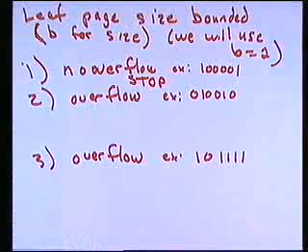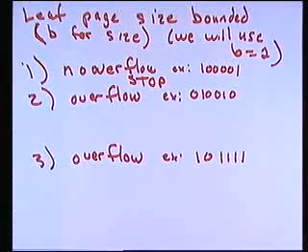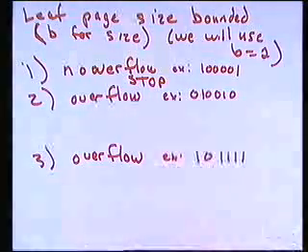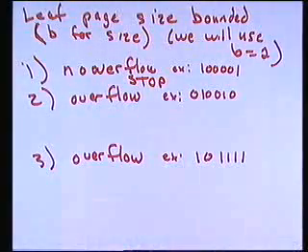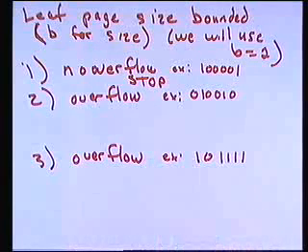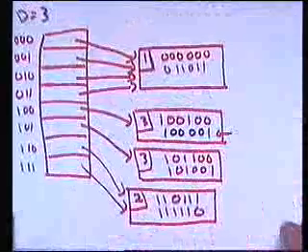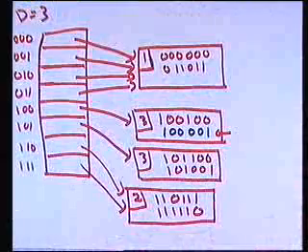The second case is when we overflow and the node will be too big. So here we're going to say I'm inserting 010010. So I would have hashed on the key to get that bit string. The prefix of that, the 3-bit prefix, is 010. We find 010 in the table.